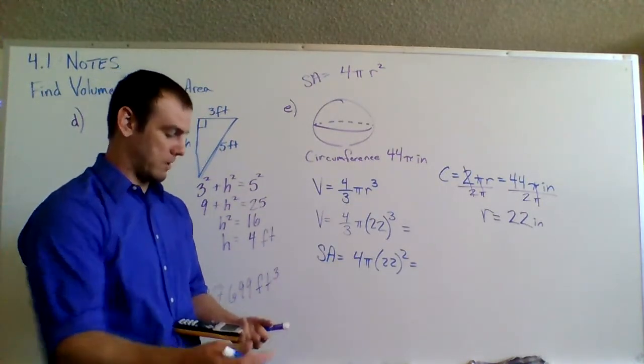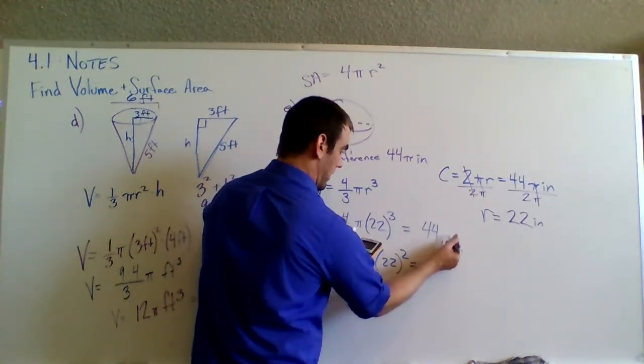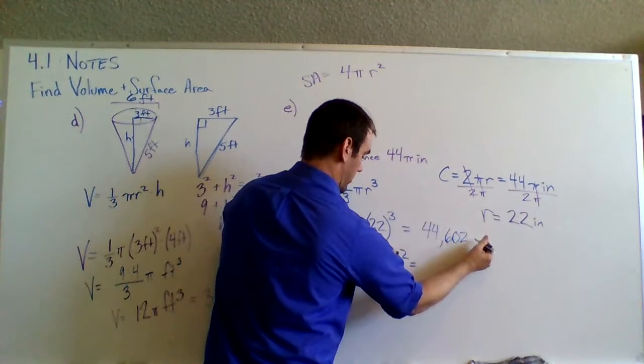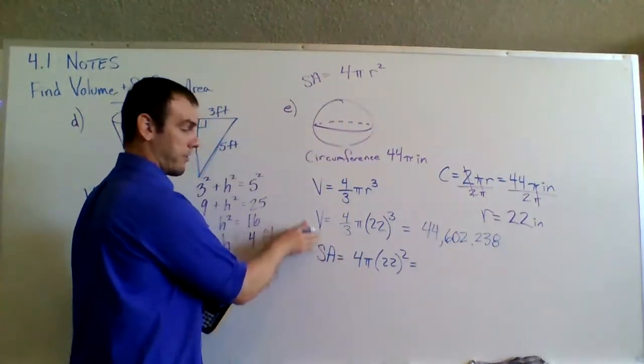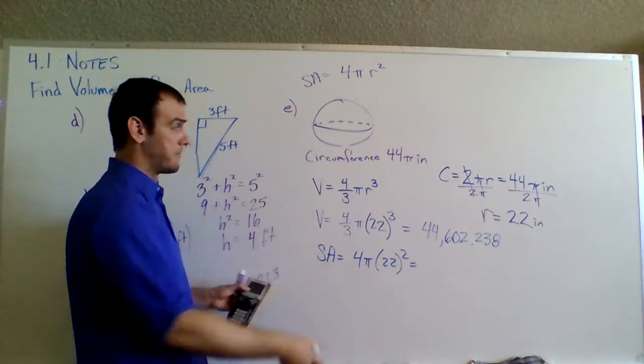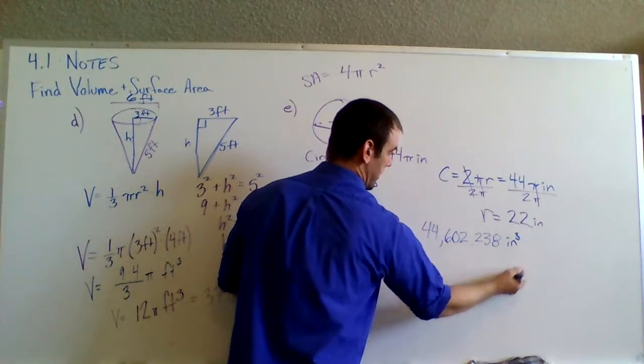For volume, we get a larger number, 44,602.238. Remember, this is volume, so the units better be cubed. My units were inches, so this is inches cubed. Three dimensions for volume.